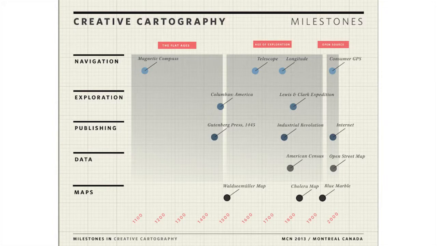Let me cut to this timeline, and we'll post it on SlideShare through the video so you can look at it more closely. Things start to get interesting around the late 1790s with the introduction of the US Census. Starting with 1790 and going through the early and mid 1800s, the United States and other countries started making data a little more available.